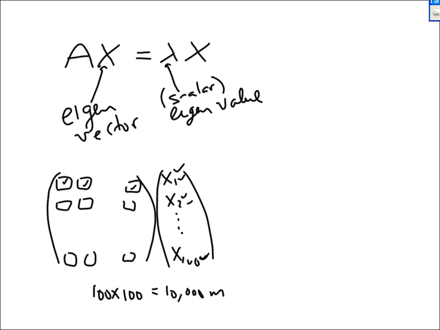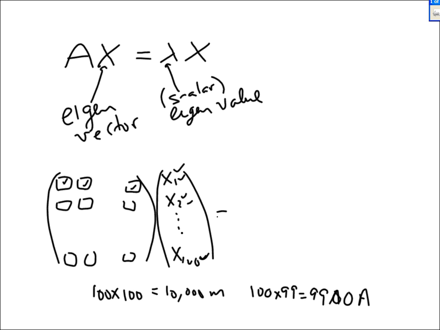That's 99 additions. And you have to do it 100 times, one for the first row, one for the second row. So 100 times 99 is 9,900 additions.